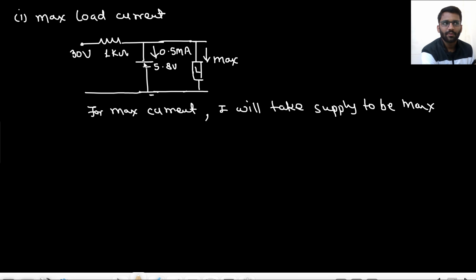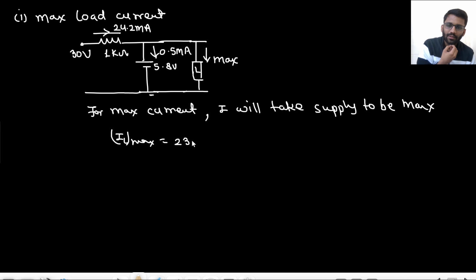That means here I will have 24.2, right? 24.2 milliampere current. And if I am having 24.2 milliampere current, my IL max would be 24.2 minus 0.5, that would be 23.7 milliampere. And this is the complete wrong analysis.